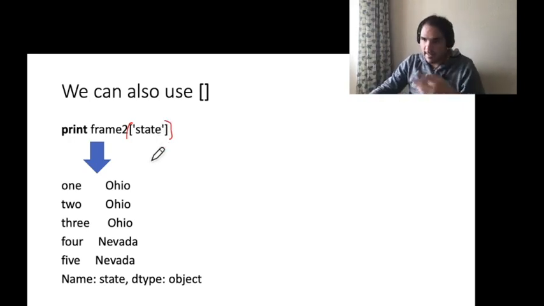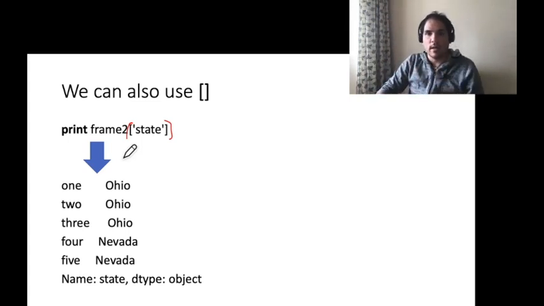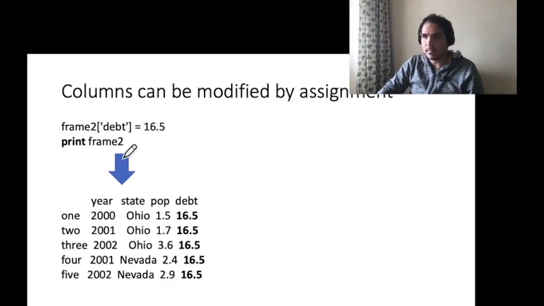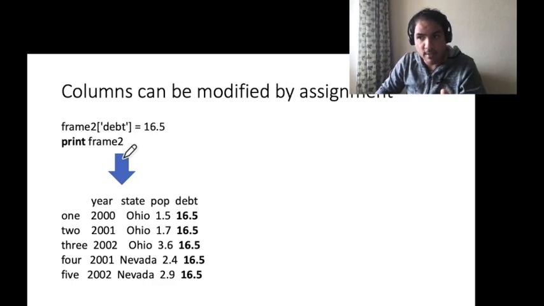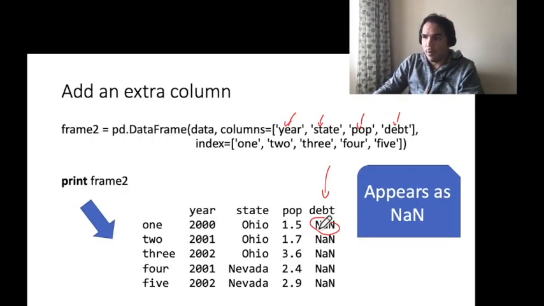Again, here all we want to get is a particular attribute, a particular column, and all the elements for that column. Sometimes I call this an attribute of the data frame. For example, at the very beginning, you remember that we created this data frame and we didn't have anything.